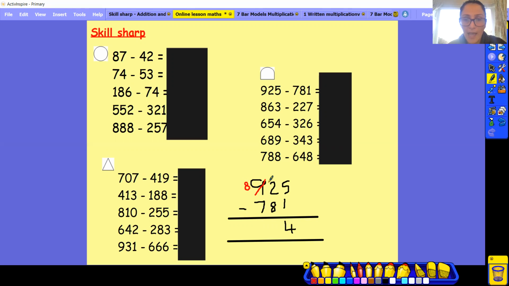And then we're going to put that 10 next to this 2. So then it turns into 12 take away 8, which equals 4. And then we go into our hundreds column. So then we do 8 take away 7, which equals 1.